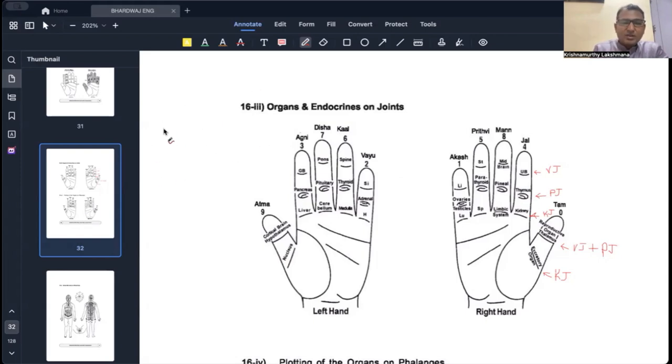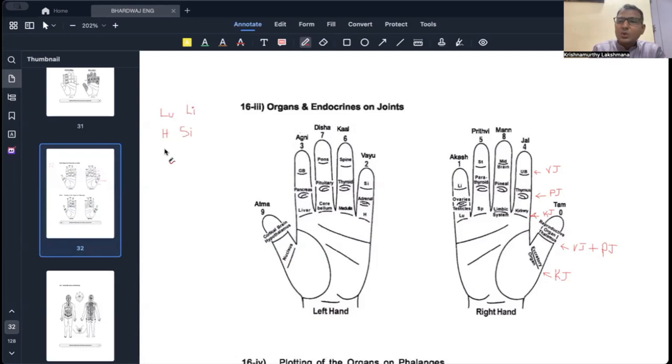So you have heart and small intestine, lungs and large intestine. They are paired. How they are paired is a detailed class. Probably we'll take it up in the TCM part, but you understand it this way.